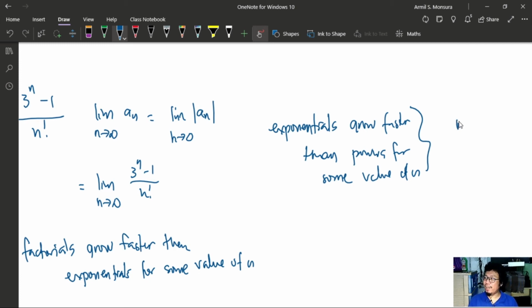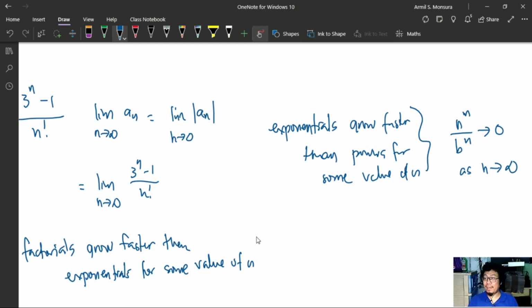something like n raised to m over b raised to n would actually approach 0 as n approaches infinity, because the denominator grows faster than the numerator, and in the end this will have a very large number compared to this one, so that becomes 0.